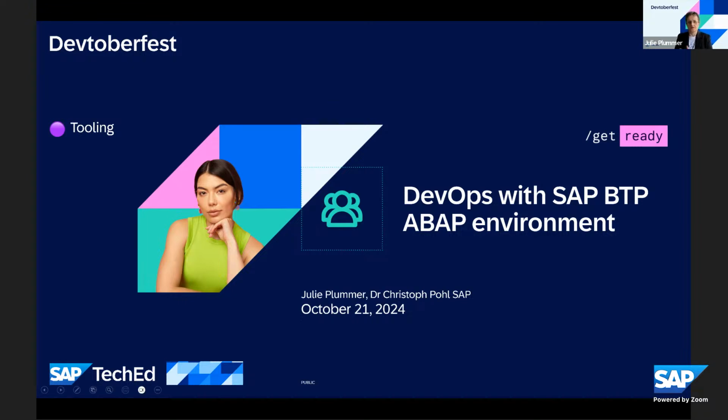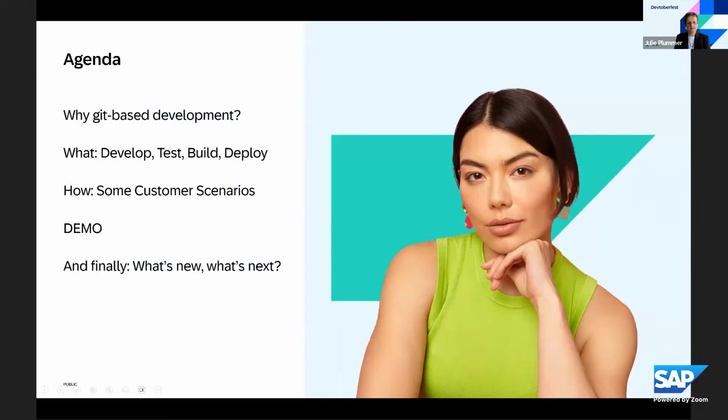Right, everybody. So we've got a fairly full agenda. I'm going to quickly go through the benefits of Git-based development if you're working in ABAP, particularly ABAP environment on SAP BTP or Steampunk. Then what we offer in terms of tools for CI and CD: develop, test, build and deploy.